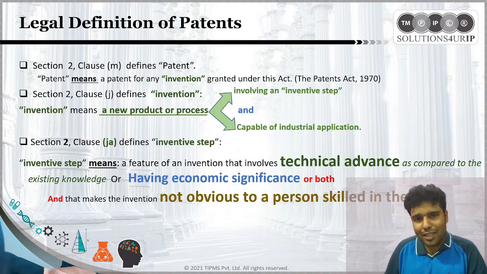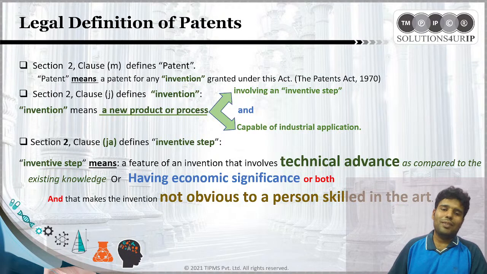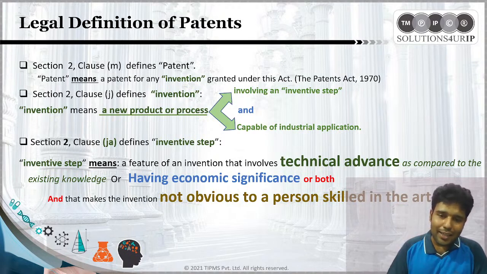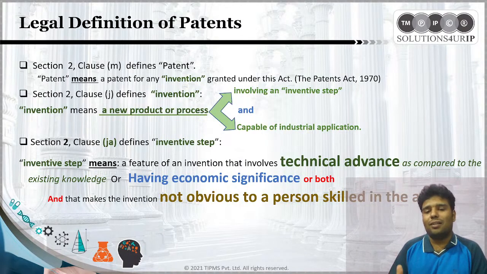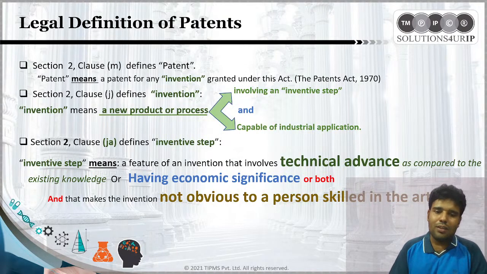What is the second set of criteria? The second set of criteria is that either the technical advancement or the economic significance, any one of these or both of these, should be not obvious to a person skilled in the art.